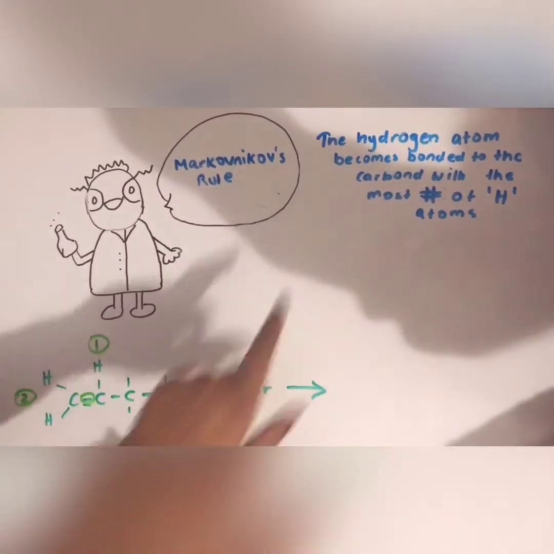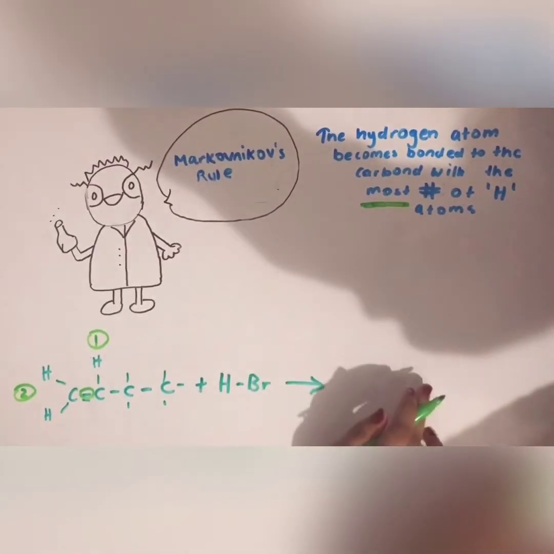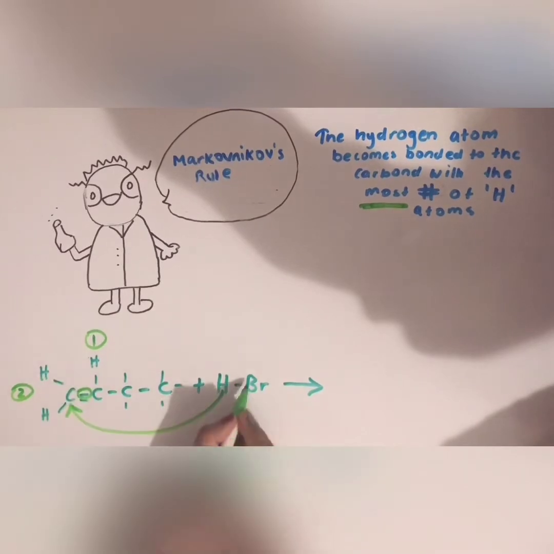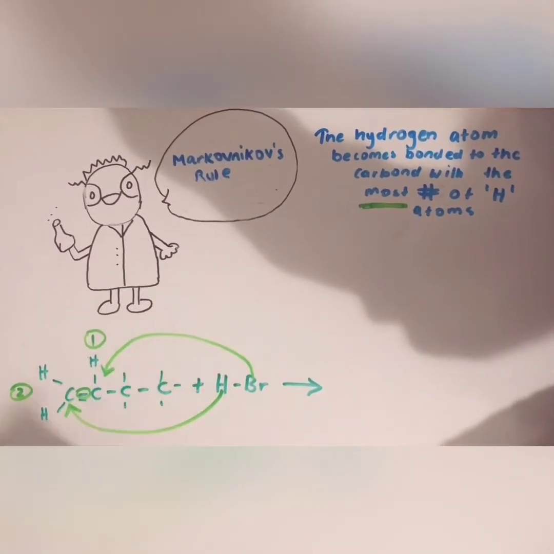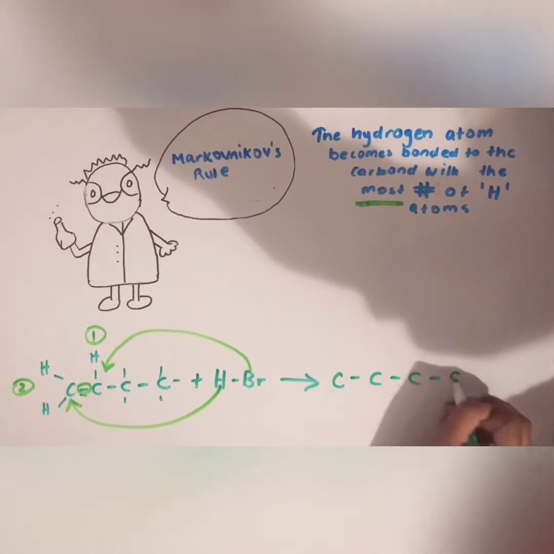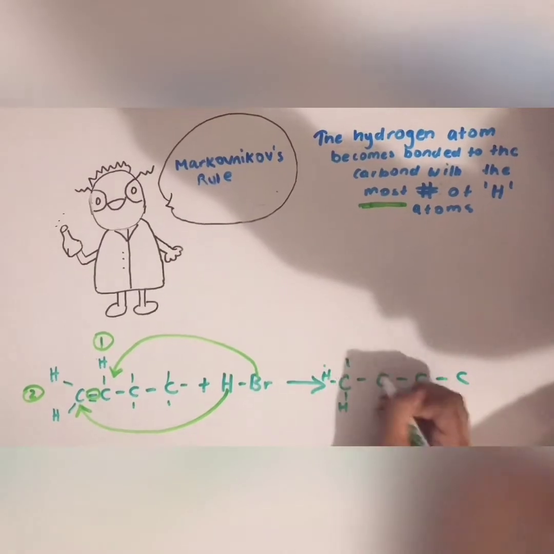Carbon 1 has two insignificant hydrogens, while carbon 2 has only one insignificant hydrogen. So in this case, carbon 1 has the most insignificant hydrogens. So the hydrogen will bond to carbon number 1, while bromine bonds to carbon number 2. Therefore, the product is going to be 2-bromobutane.